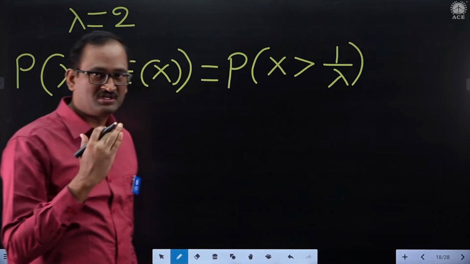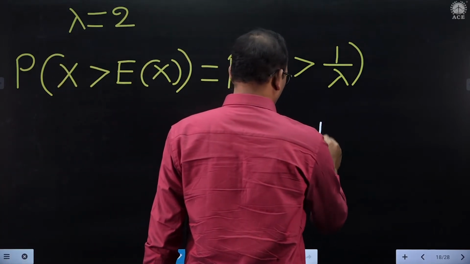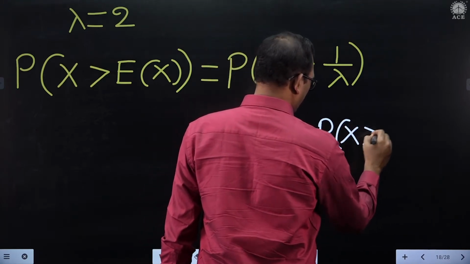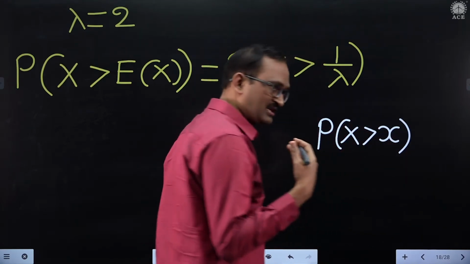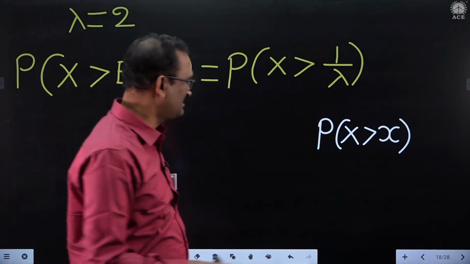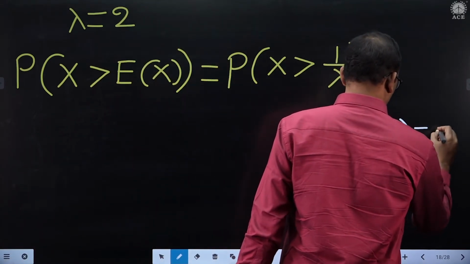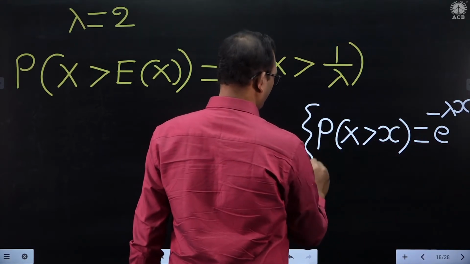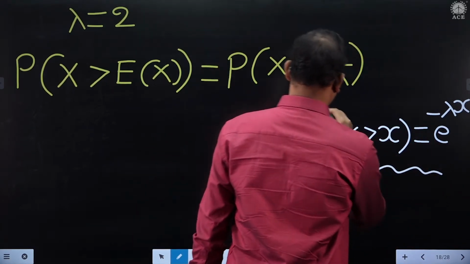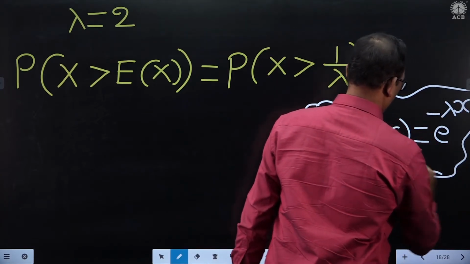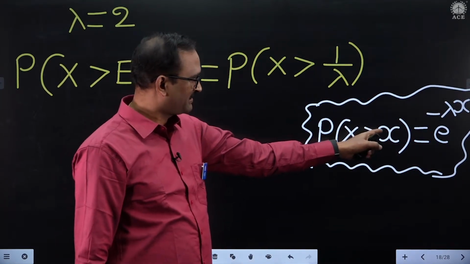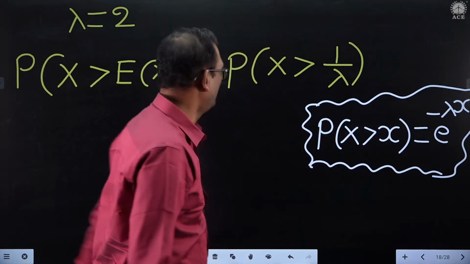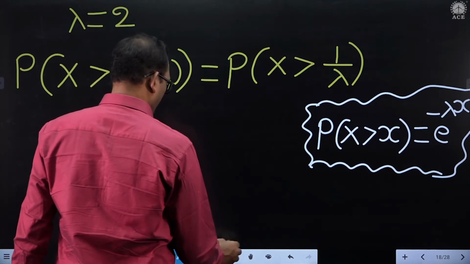Regarding exponential distribution, we have probability of X greater than x, or X greater than or equal to x. In both cases, the formula is e to the power of minus lambda x. Now come to the given problem.